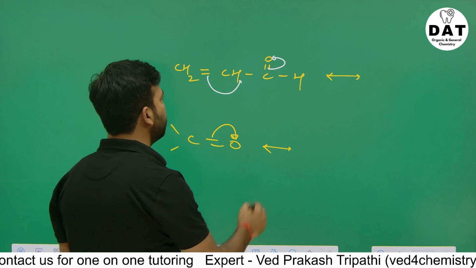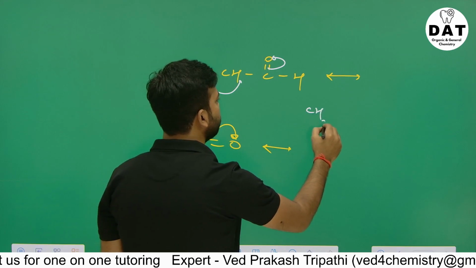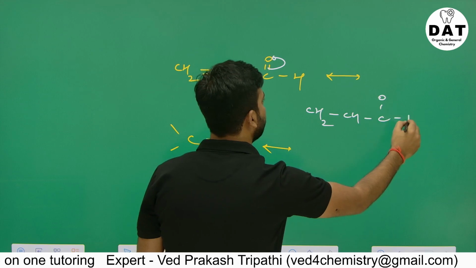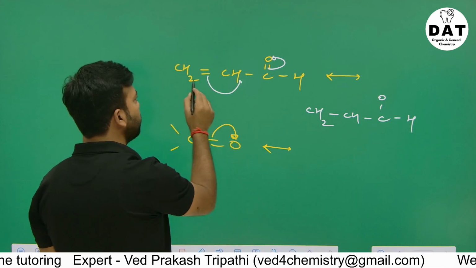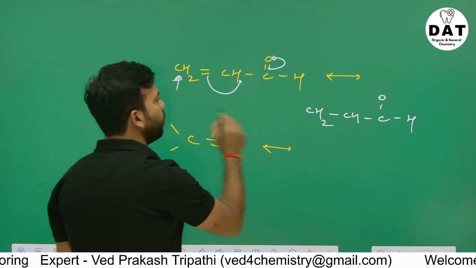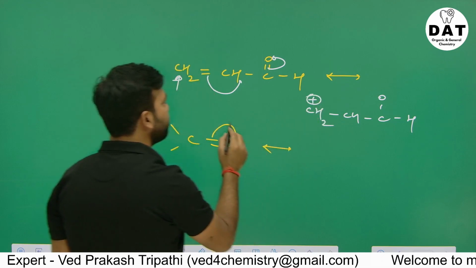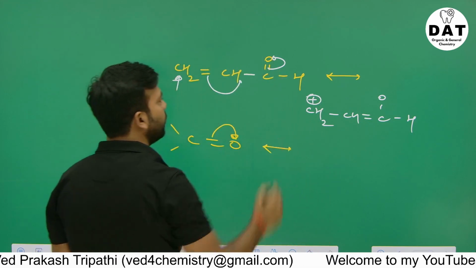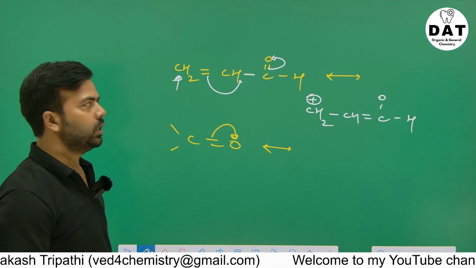Clear? So as a result of it, CH2, CH, CO, H. So this carbon has tail of arrow, so positive charge. This bond has arrow, so double bond. And oxygen has head of arrow, so negative charge. Clear?